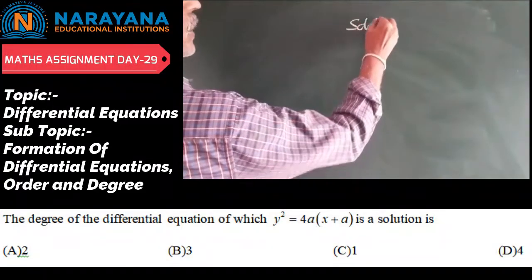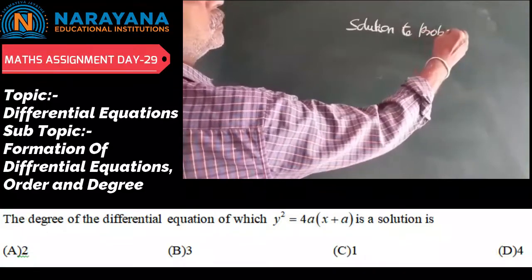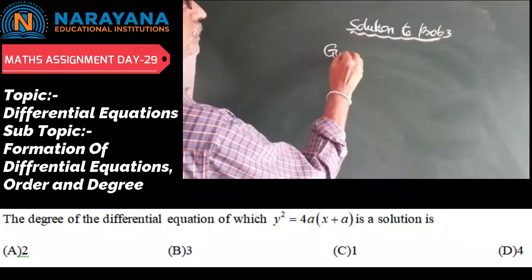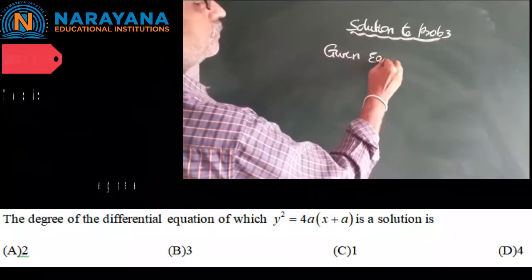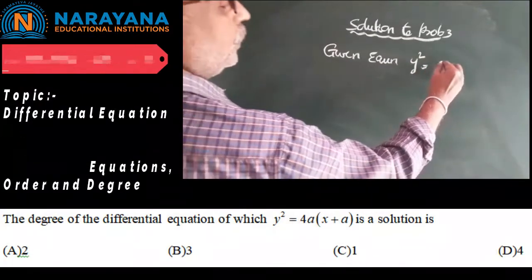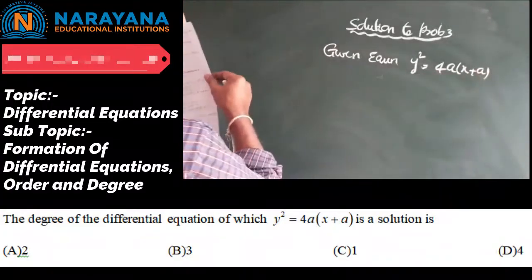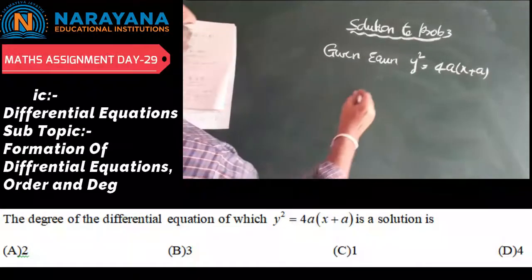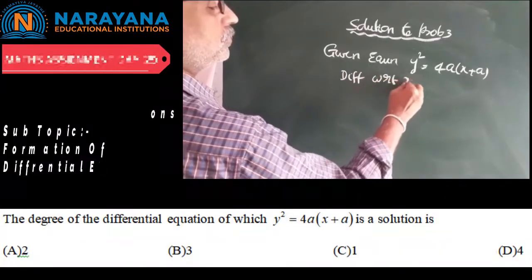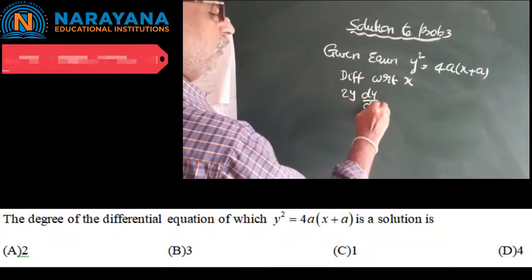Solution to problem number 3. Given equation, y square is equal to 4a into x plus a. Now differentiating with respect to x, we can get 2y dy by dx equal to 4a.